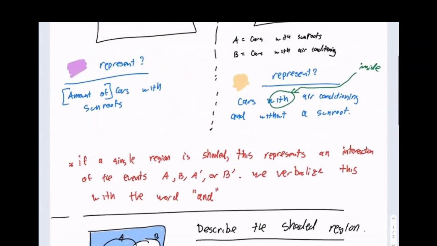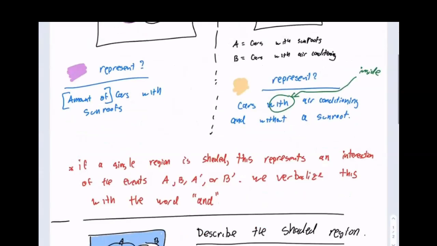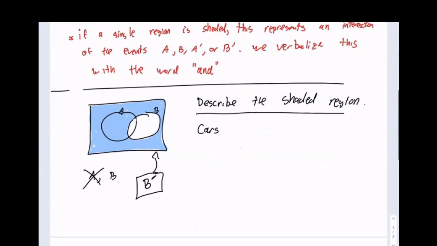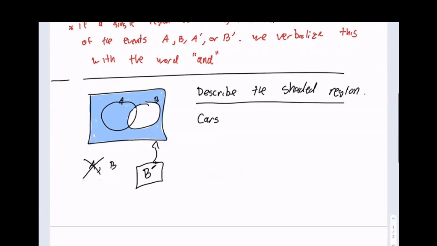This region over here is region A, and this region right here is B and not A. Okay? So it is outside of B, that's why it's the complement. It's B prime because it's outside of B.